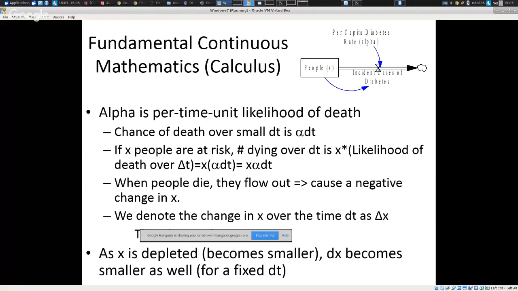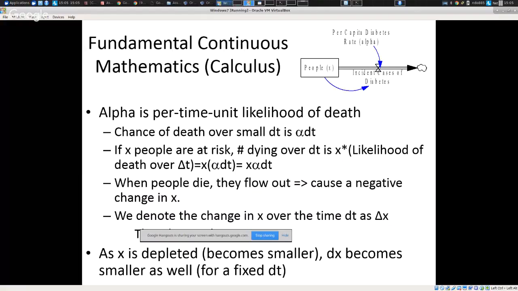It can be bigger than 1. It can't be smaller than 0, but it can be bigger than 1 because it's a probability per unit time, say probability per year. In the health sciences, they'll call these things, for example, incidence rate or hazard rates. It's a per unit time probability, okay?